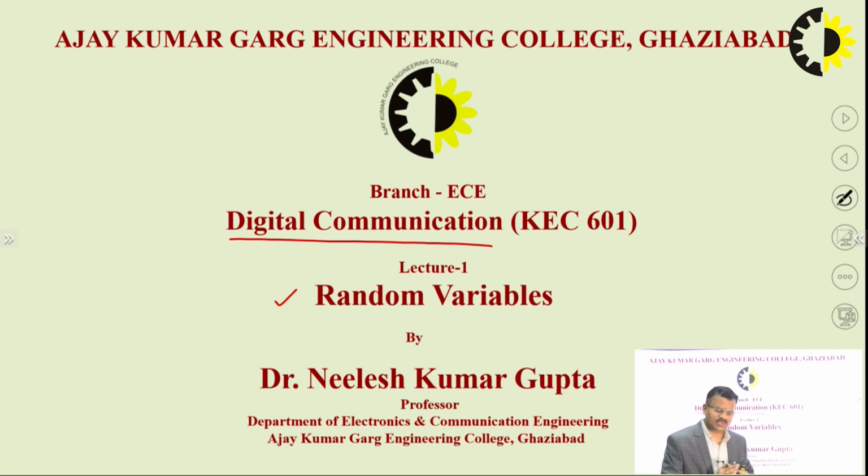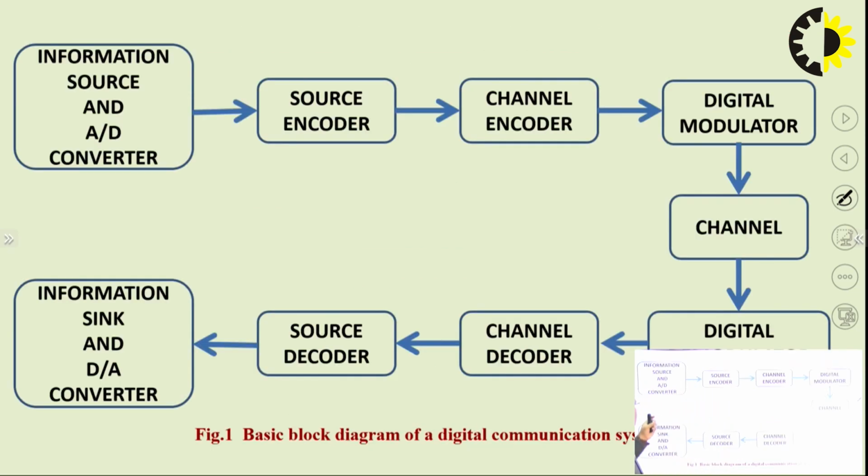Analog systems and equipment are replaced by digital. The advantage of digital over analog is also there whenever you want to communicate your signal digitally. So, at first I will tell you the block diagram of digital communication system.